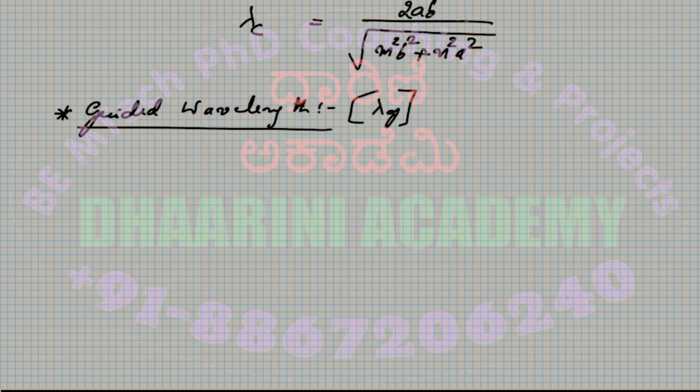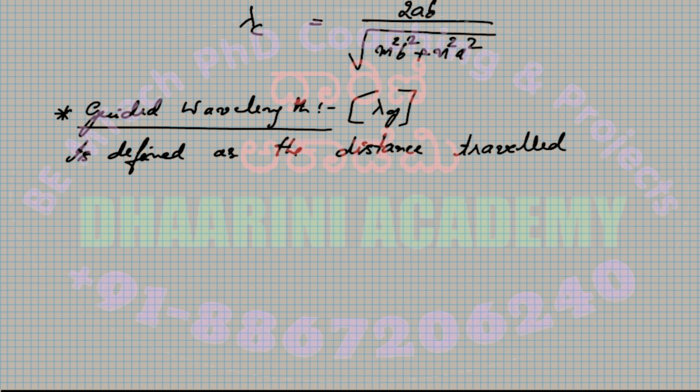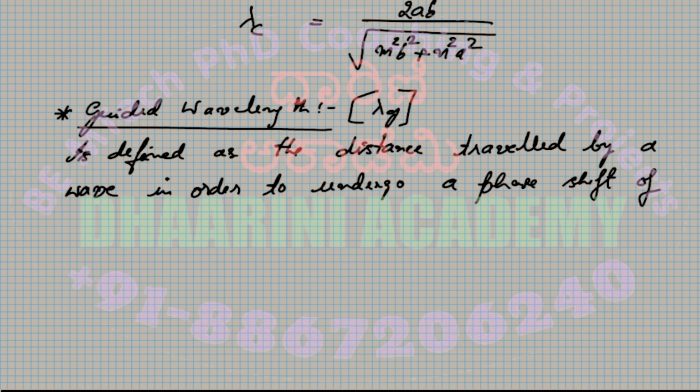So we can define this first: it is defined as the distance traveled by any wave in order to undergo a phase shift of 2 pi radians.